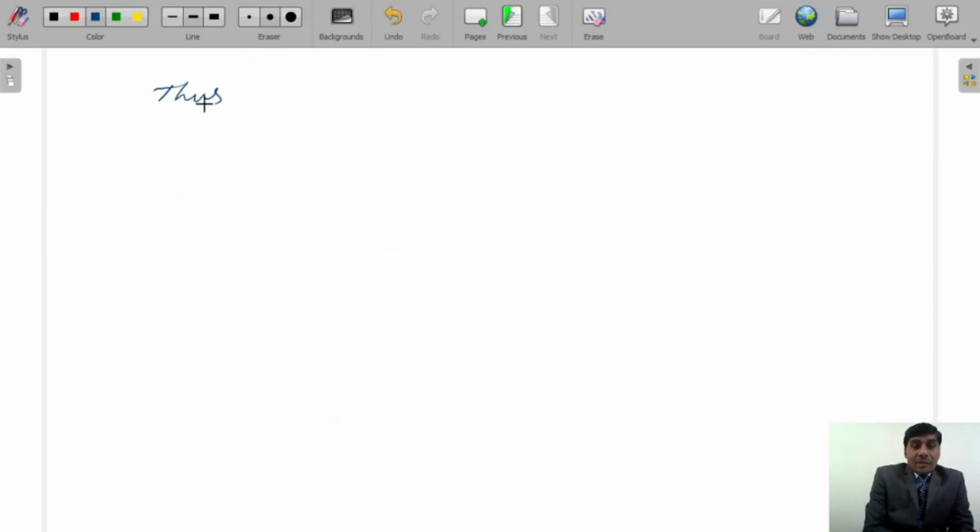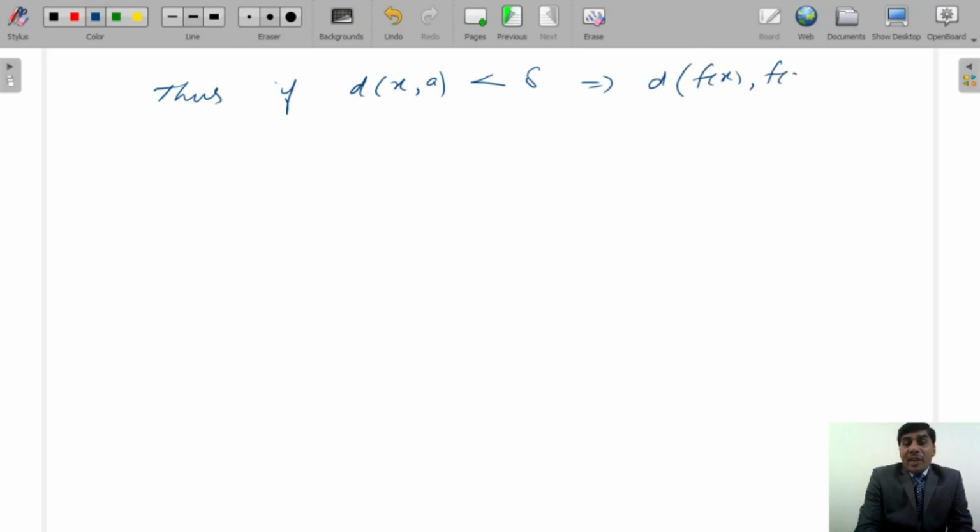Thus, if distance between x and a is less than delta, this implies distance between f(x) and f(a) is less than epsilon. This implies f is a uniform continuous function.